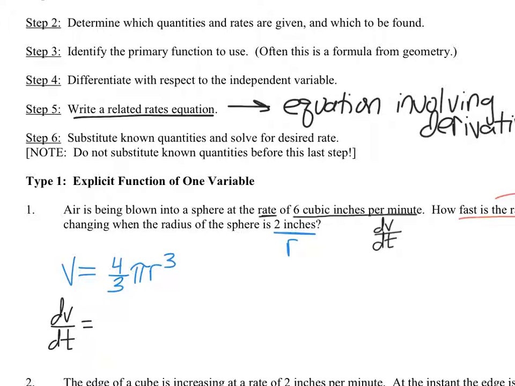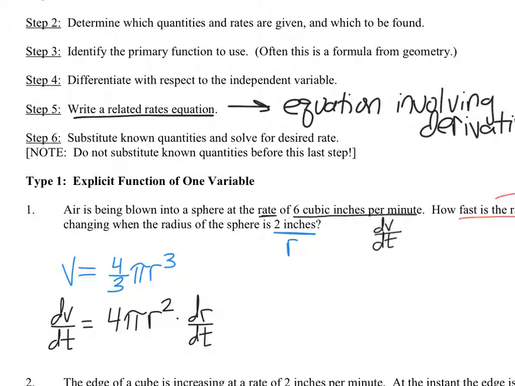But here, V and r are being differentiated with respect to something other than V and r. So in each case, I have to slap on a d-something/dt. So on the right-hand side, I'd power rule this and get 4 pi r squared. But because I'm taking the derivative with respect to time, I would multiply it by dr/dt. All right? It's really just an extension of the chain rule.